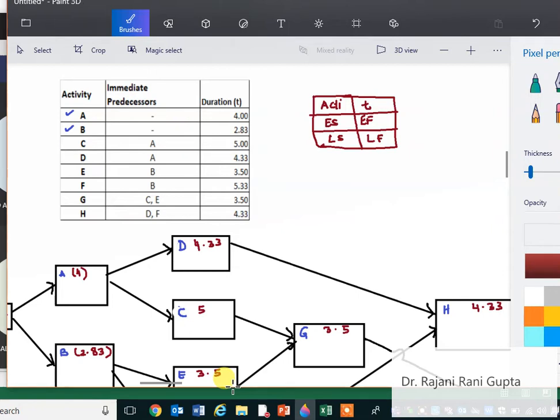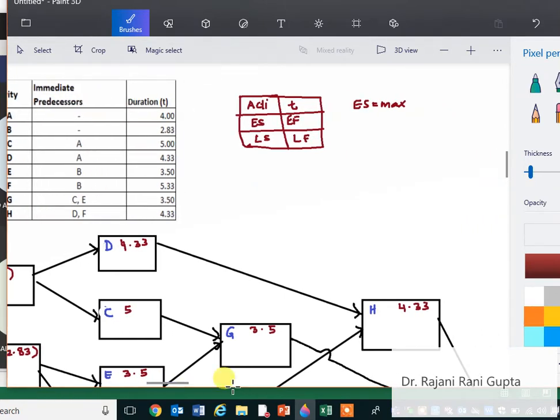So early start is the maximum of the early finish of the preceding activities. And if it is the beginning activity, it will be 0.